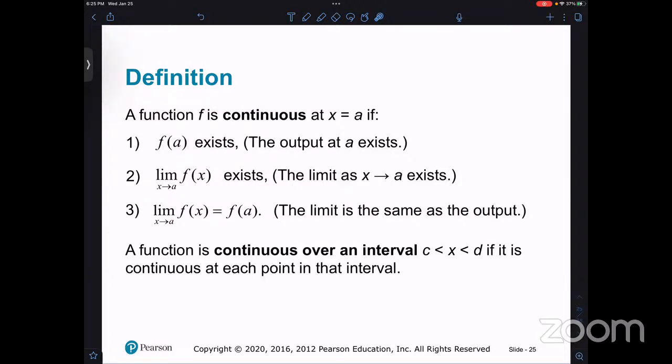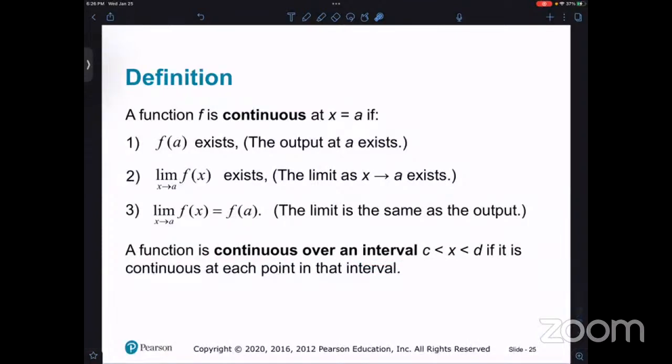So the function is defined at a, the limit as x approaches a exists, and the limit as x approaches a is equal to that defined point. Those three stipulations together are what we mean by a function being continuous over an interval from some c to d, right?